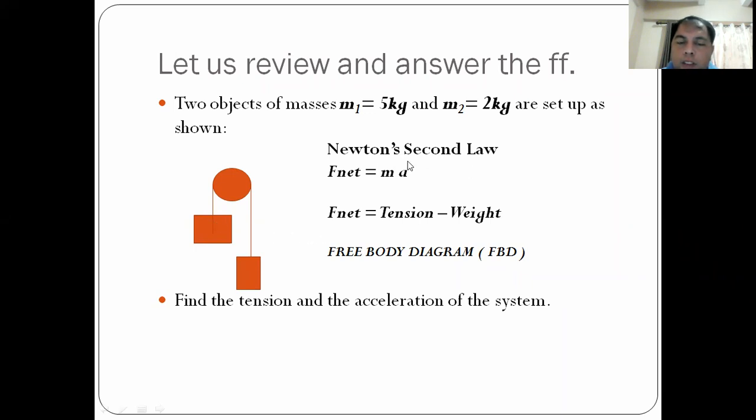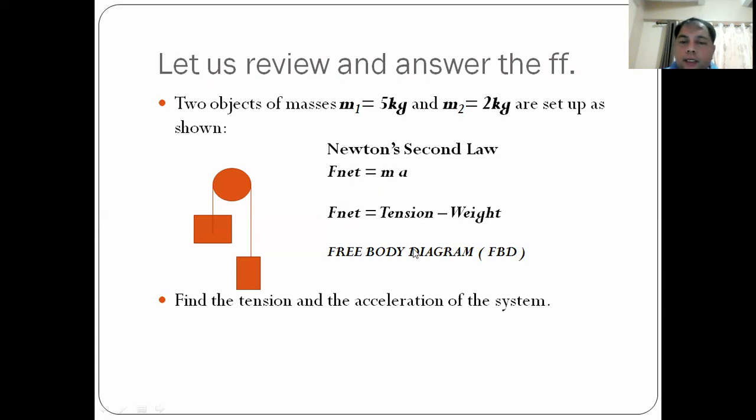By Newton's second law, if forces are not balanced, the result is a net force, and a net force will cause an acceleration to a given mass. So Newton's second law: F net equals mass times acceleration.